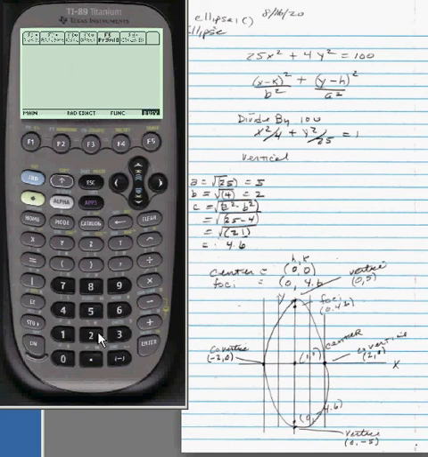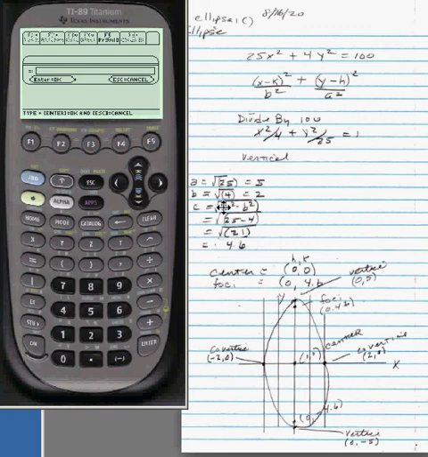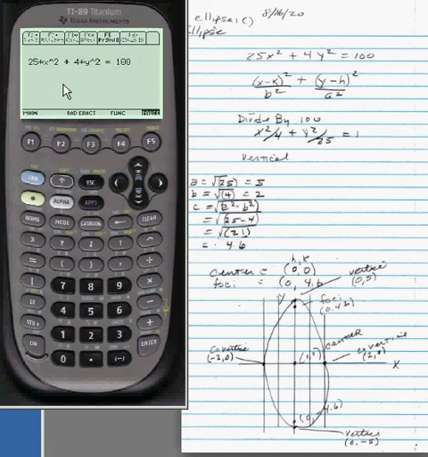Press number 2. So we're going to enter the, you have to press alpha first. We're going to enter that in just to show you, alpha 1, 0, 0. So now the equation looks exactly like this one. I'm going to say OK.